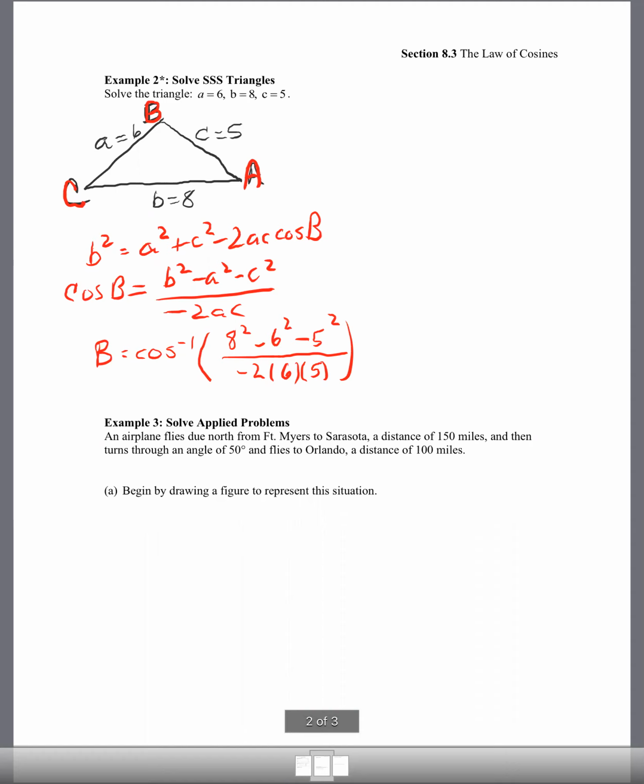And let's see what we end up with. How about a 92.9 degree angle if we round it to 1 decimal place? So 92.9 degrees.